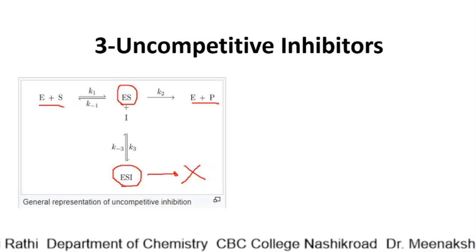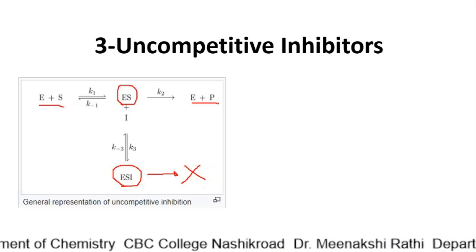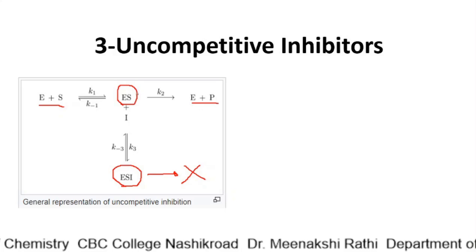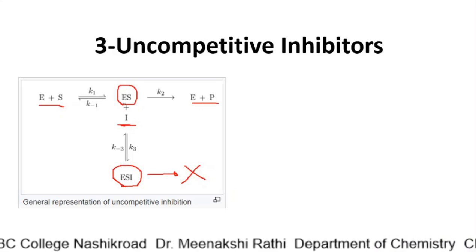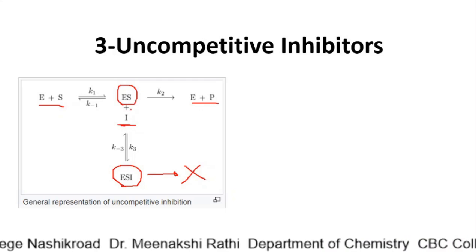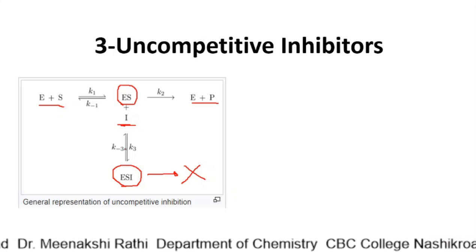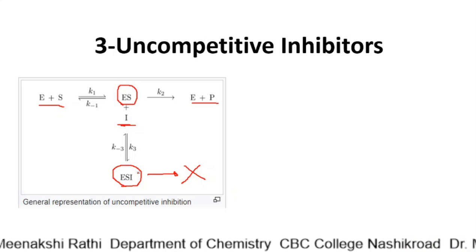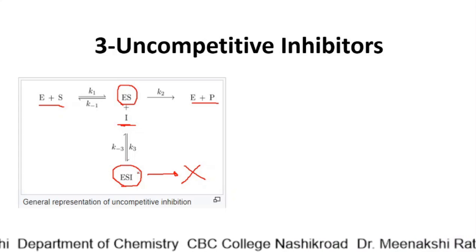It is not attacking the active site or the allosteric site. But what it is doing? This inhibitor is attacking the enzyme substrate complex. And once it attacks the enzyme substrate complex, as I told you, a new complex is formed which doesn't go into product formation.